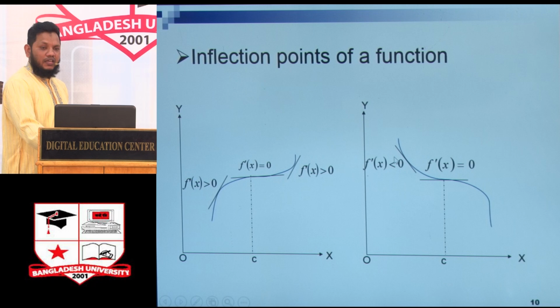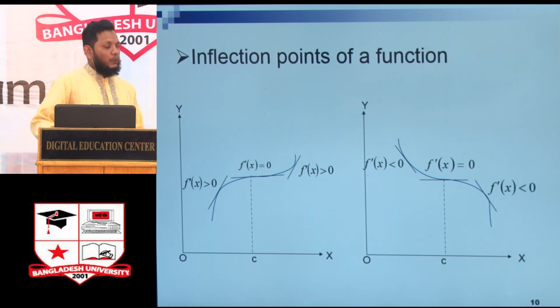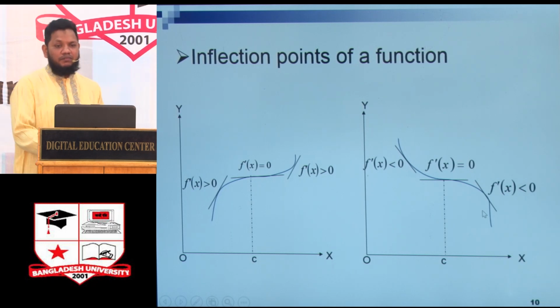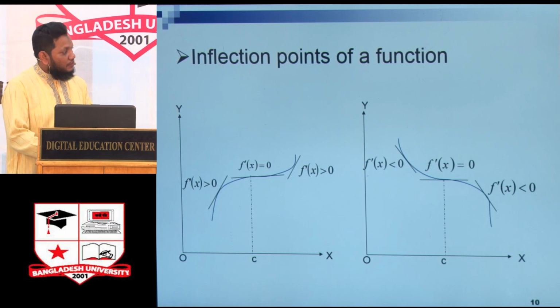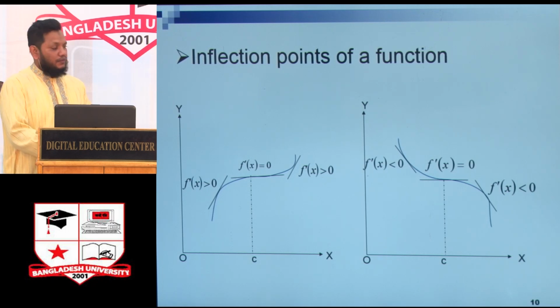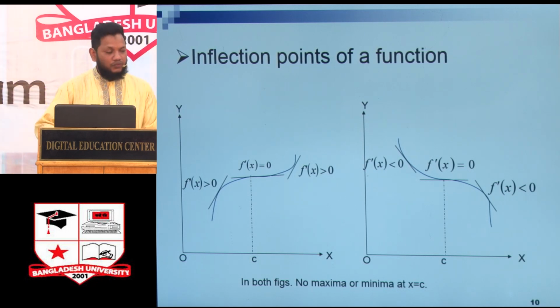We see f prime x is less than 0. And on the right side, f prime x is less than 0 again. So we can say this point does not attain a maximum value or minimum value. So this point is known as, again, a point of inflection. So if we have a point of inflection, that graph has no maximum value or minimum value there.